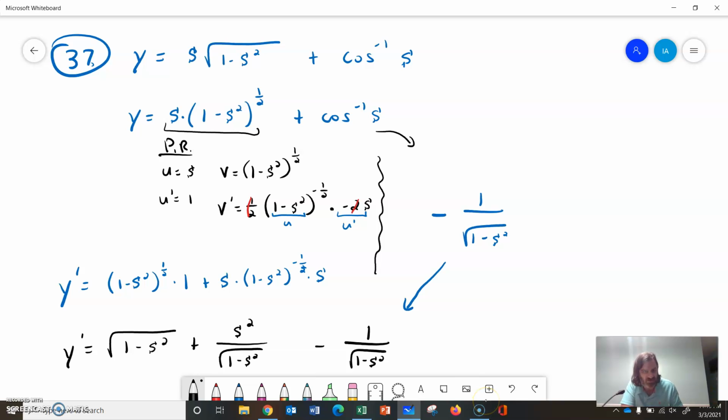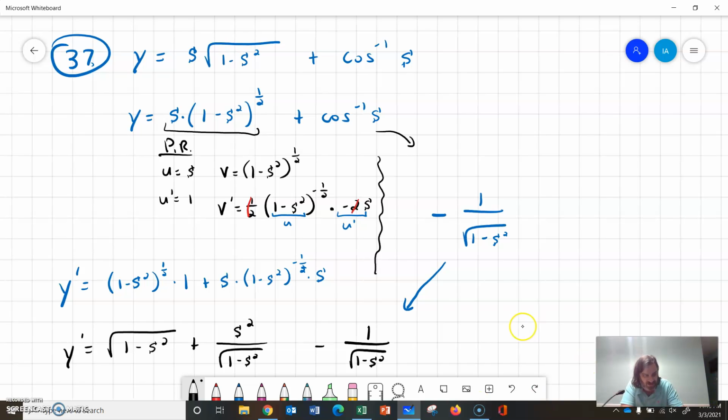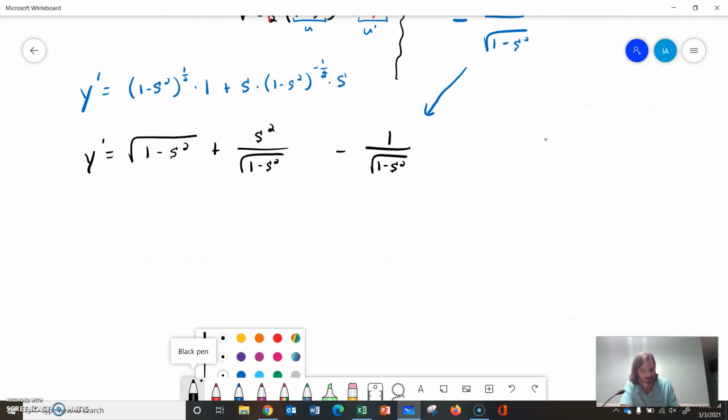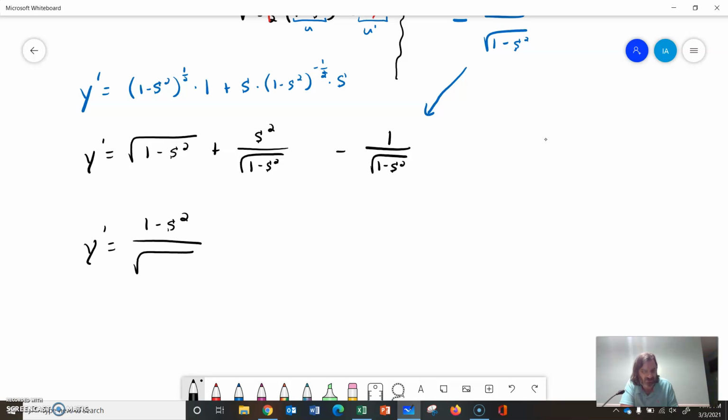So they are really begging us to make a common denominator and combine things here. I think I'm going to fall into their trap. I got a couple minutes here. So let's make a common denominator. Y prime equals, if I make square root of 1 minus s squared on the bottom of all these, it'll be 1 minus s squared over the square root of 1 minus s squared.